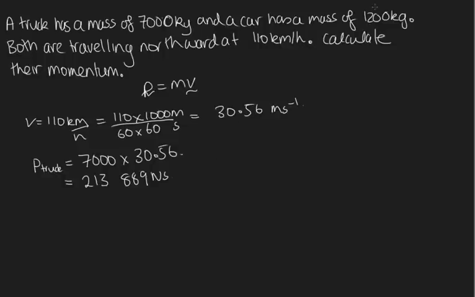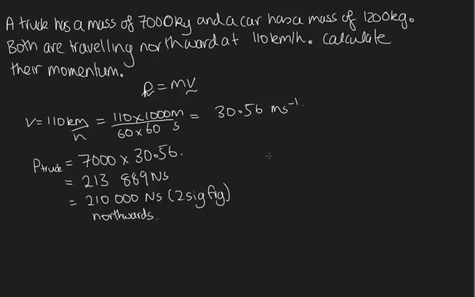It's hard to tell, but this data could be to 2 or 3 significant figures. So let's give it to two significant figures. So that's 210,000 Newton seconds. And then momentum is a vector, so we should also give a direction. Since the velocity was northwards, this momentum is also northwards.